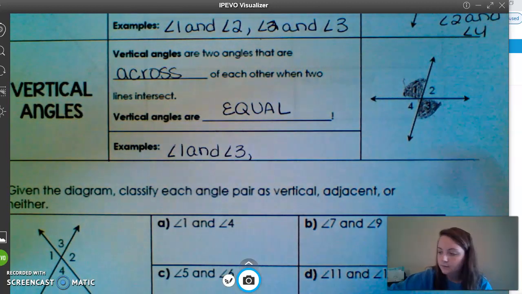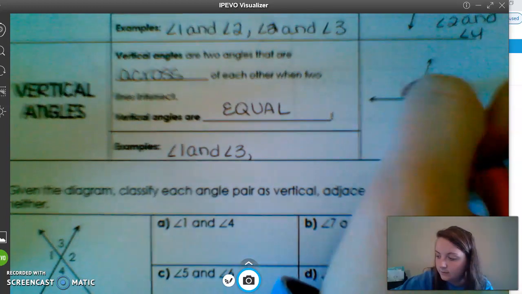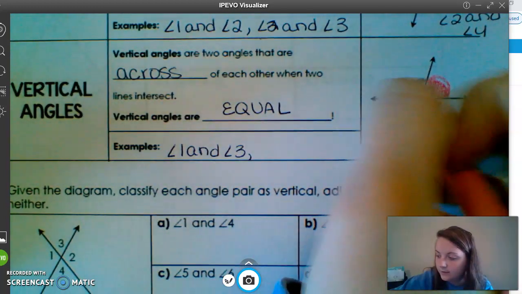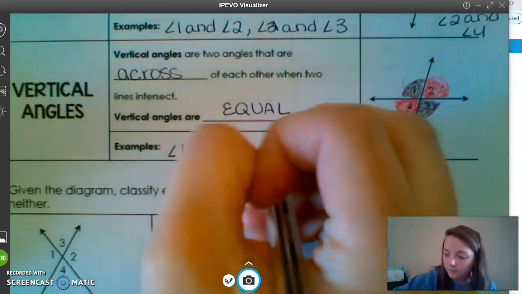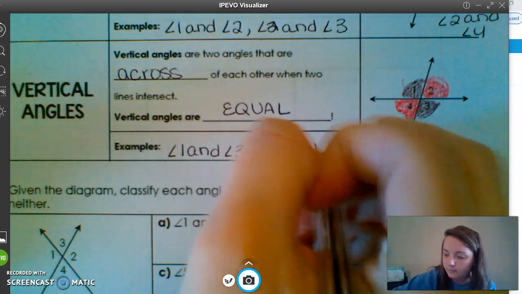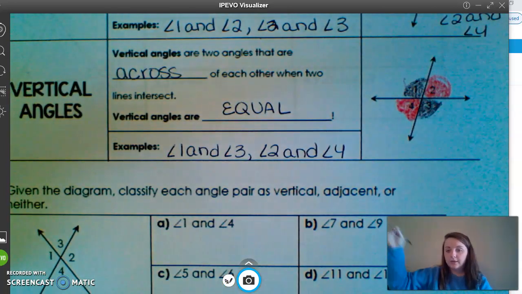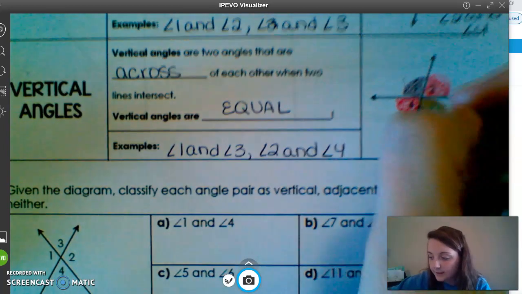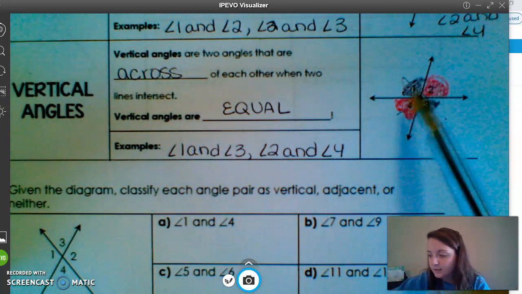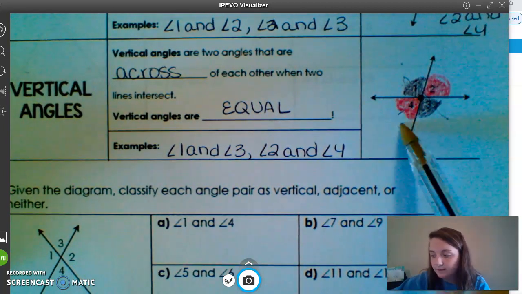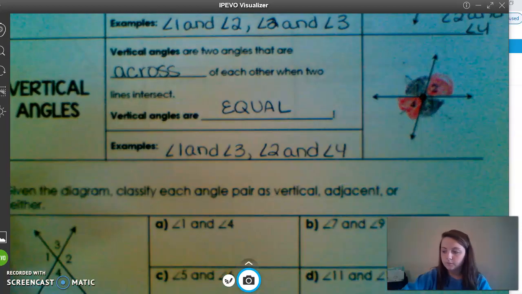Then we've got angle 2 right here and angle 4 right here. Then we've got angle 2 and angle 4. And those are our vertical angles. So vertical, straight across. If you look straight across that vertex right there, those are vertical angles. It's not 1 and 4 like this. They have to be directly across the vertex from each other. Okay?